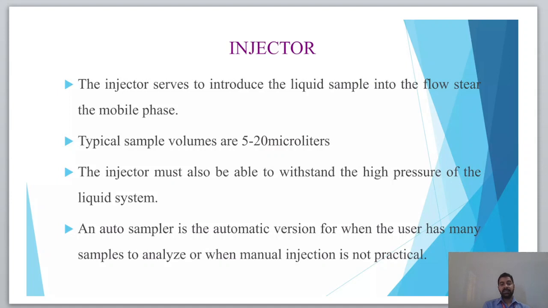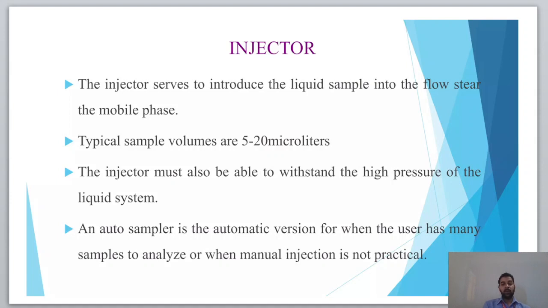An auto-sampler is the automatic version for when the user has many samples to analyze or when a manual injector is not practical. Means nowadays auto sampler HPLC has come out. By itself it can take the sample and inject it into the injector port.